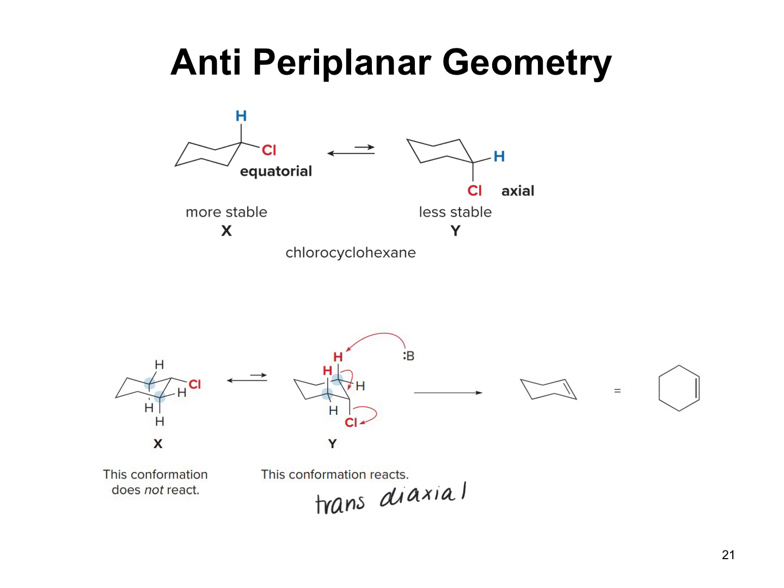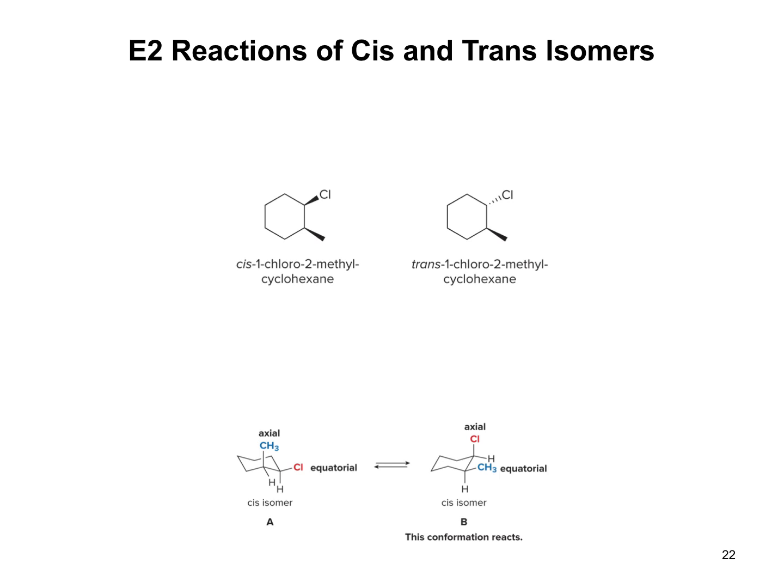Now, let's look at an example. So consider cis and trans 1-chloro-2-methylcyclohexane. Okay, when we look at this, the cis isomer, we're going to zoom into the cis isomer, and we're going to come back to the trans in a second. But let's just look at cis for a moment.